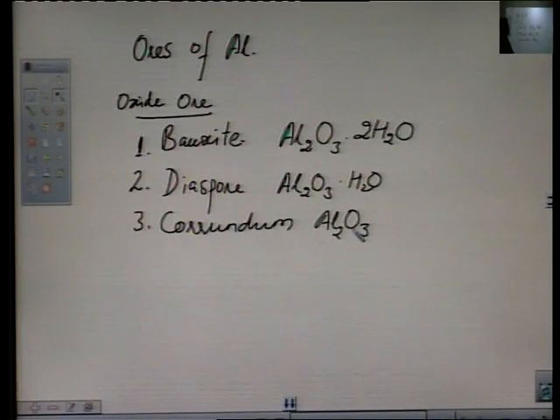So, the oxide ores of aluminium are bauxite, diaspore, and corundum.